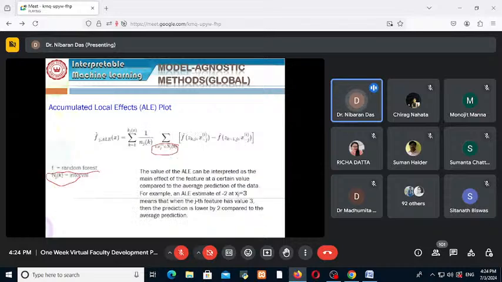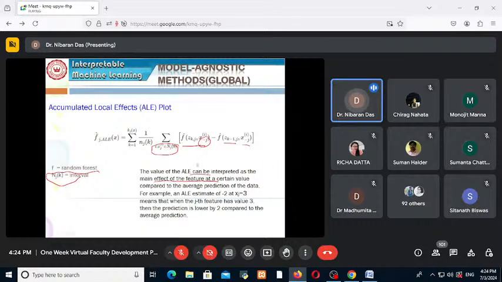The value of ALE can be interpreted as the main effect of the feature at a certain value compared to the average prediction.